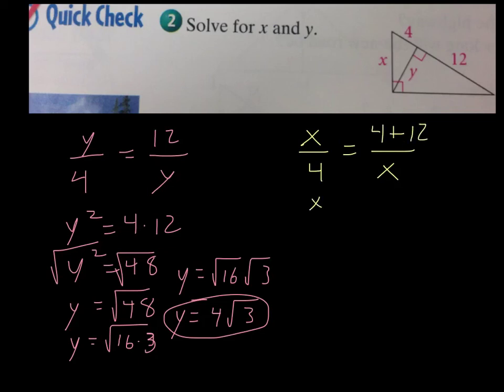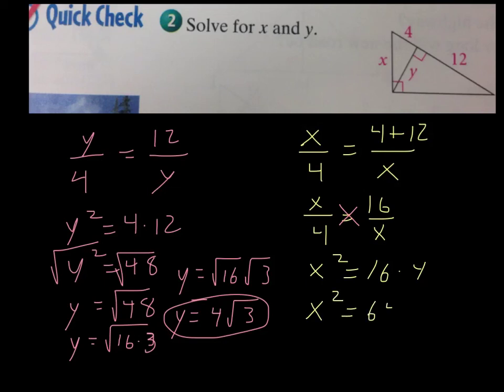So to solve this, once again, we're going to do cross products. So x squared is going to equal 16 times 4. x squared equals 64. Take the square root of both sides, and you get x to be exactly 8.